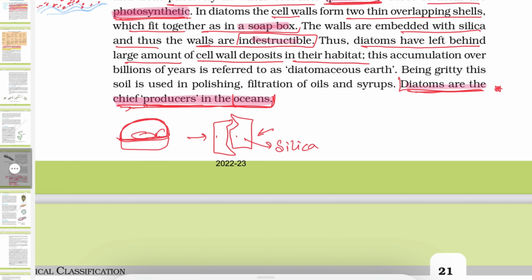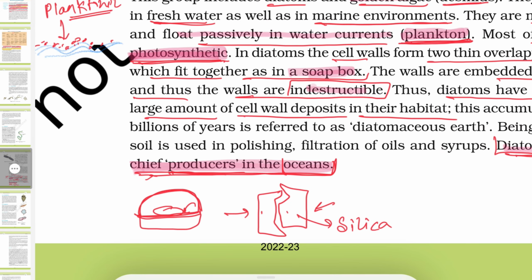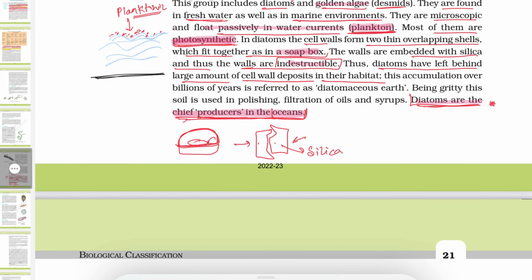They go below the surface of the ocean and get accumulated there. Their accumulation over billions of years is referred to as diatomaceous earth.